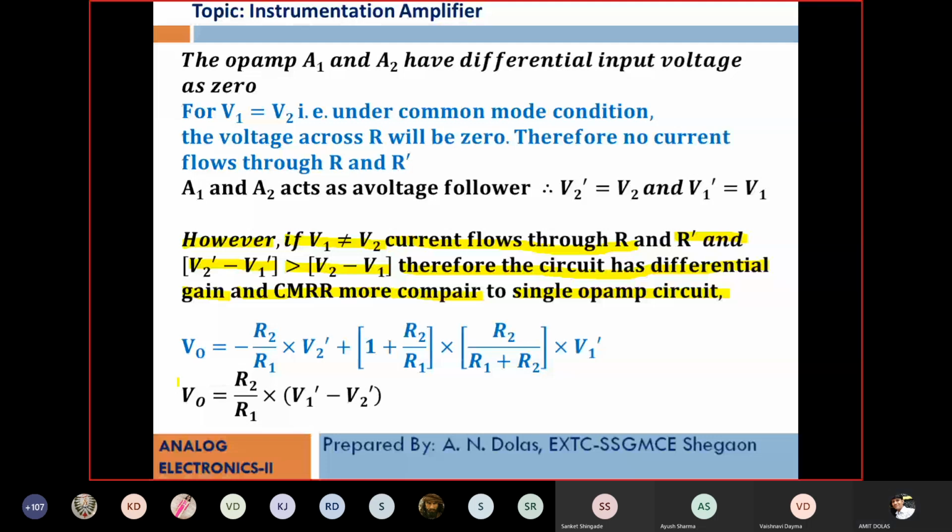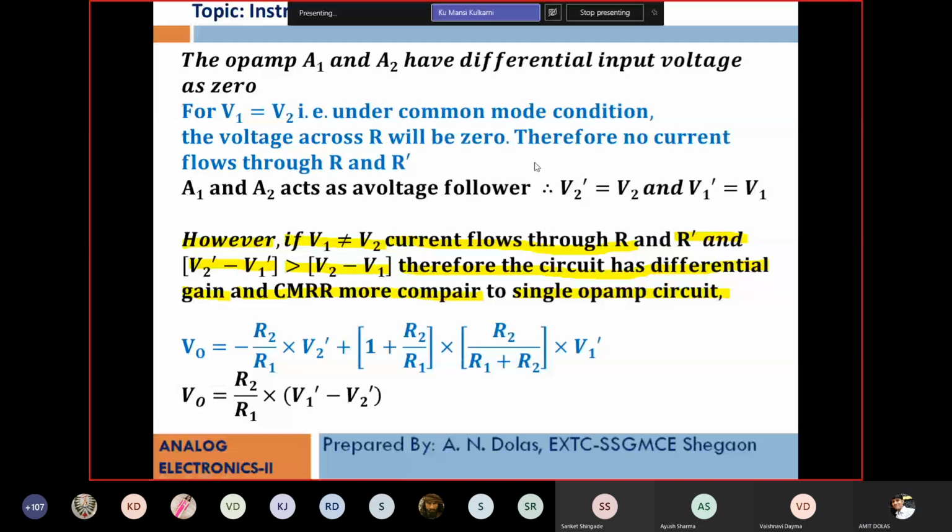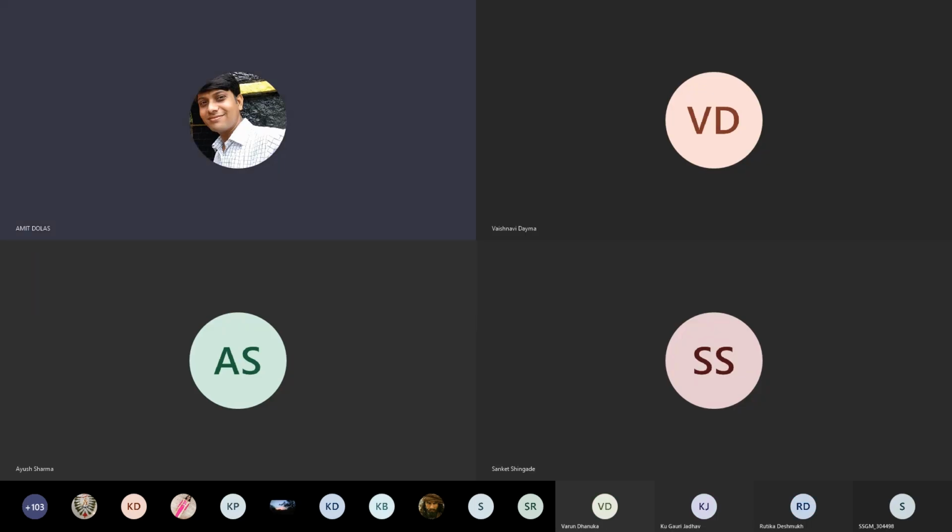So here is the circuit, where I have shown that V1 is greater than V2.